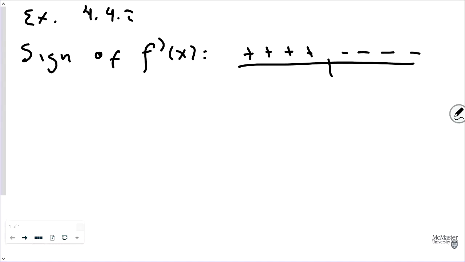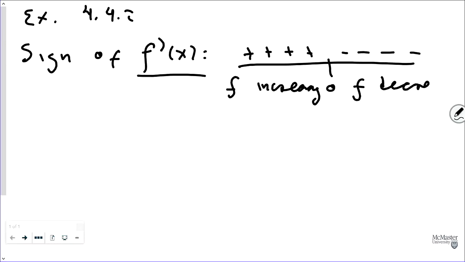I had the 0 of f prime around here. So if I follow the interpretation that the positive sign of the derivative means that the function is increasing, and here the function is decreasing, well, we had our critical point here. Here the function is increasing, here the function is decreasing.